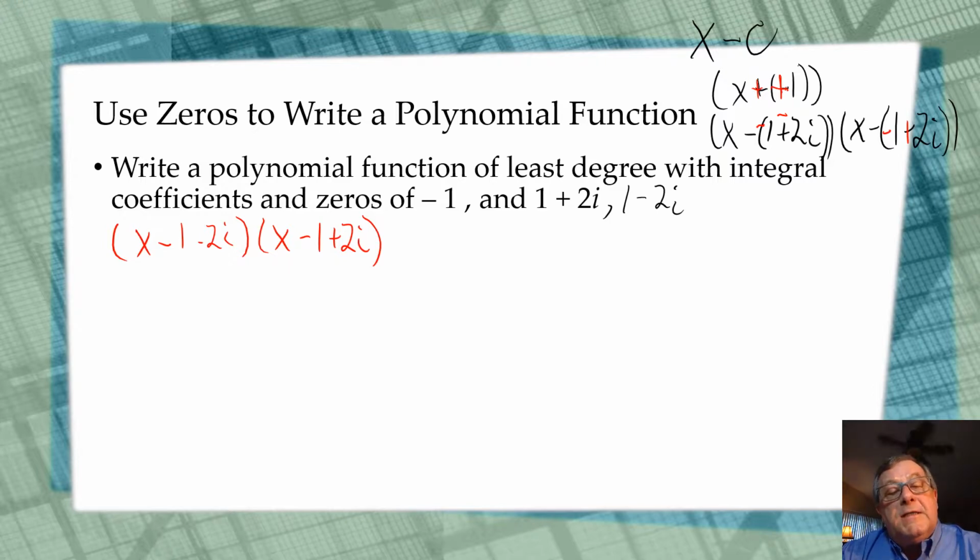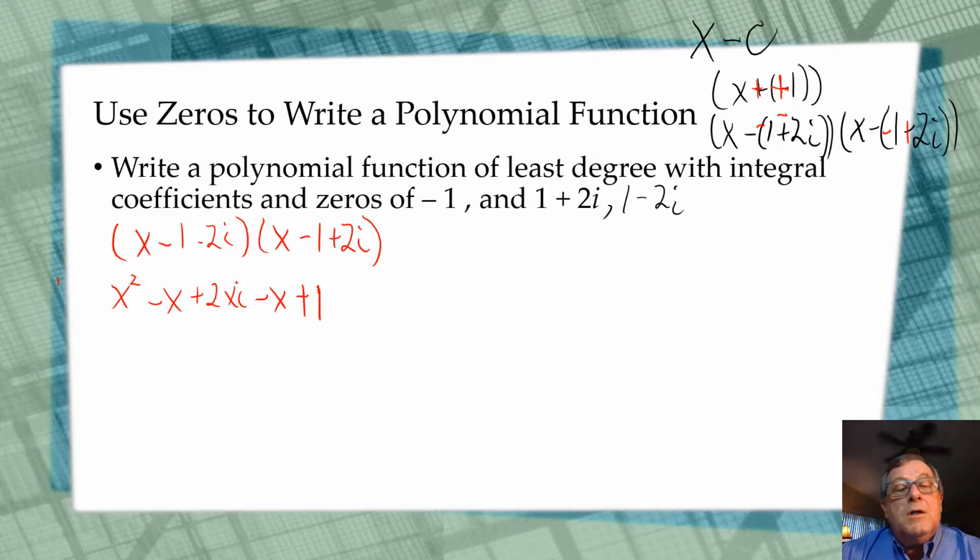So let's see, I got x times x is x squared. X times -1 is -x. X times 2i, positive 2i, is plus 2xi. All right, now -1 times x, well, that's -x. -1 times -1, that's positive 1.